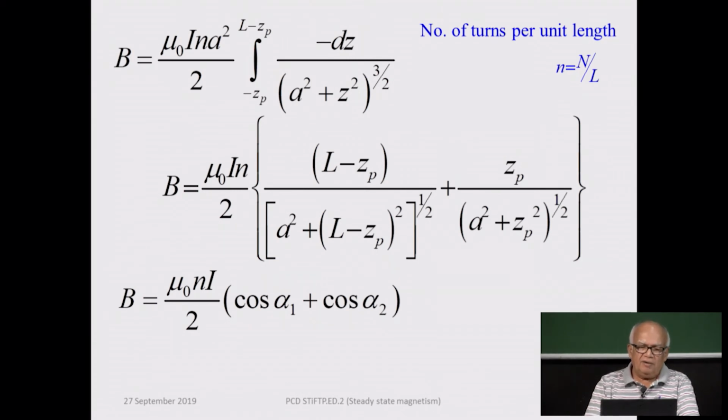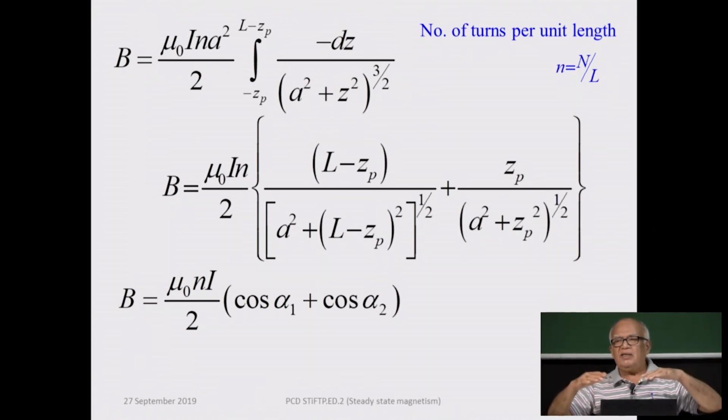So, you can write it in terms of the cosine of the angle subtended by this, and these angles will become 0 as the length of the solenoid increases, so that their cosines will become 1, and you are adding 1 to another 1, which even in the laws of electrodynamics, 1 plus 1 is equal to 2.